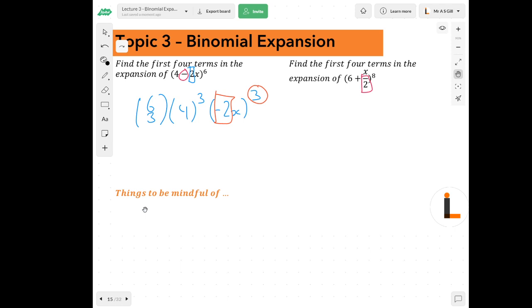So people will do the 6 choose 3, they'll do the 4 cubed, they'll end up with x cubed, but they miss out raising the coefficient of x, or whatever our algebraic term is, to the power as well. So there's just something to be really aware of and mindful of. Negatives, fractions, and the coefficients of your algebraic terms as well.